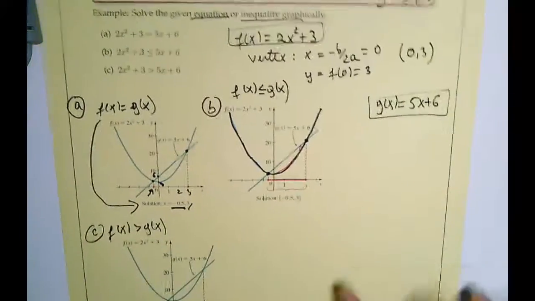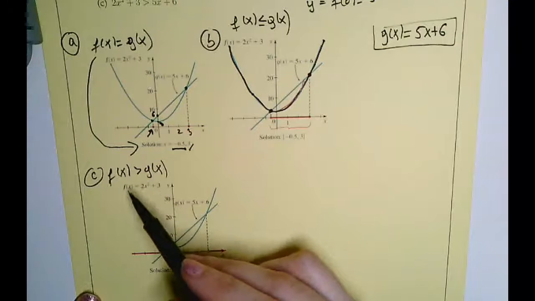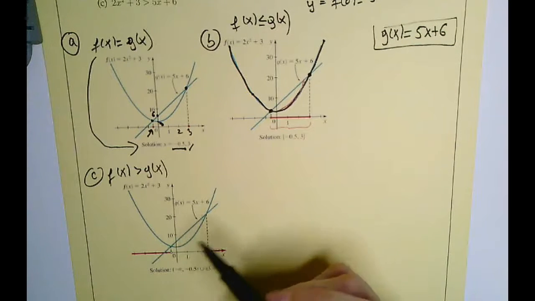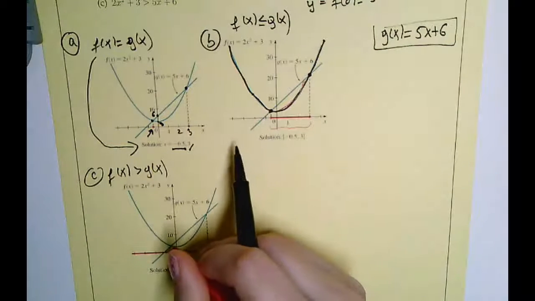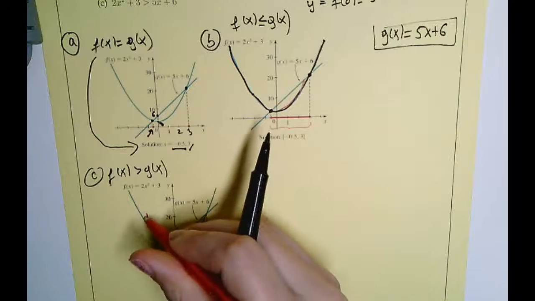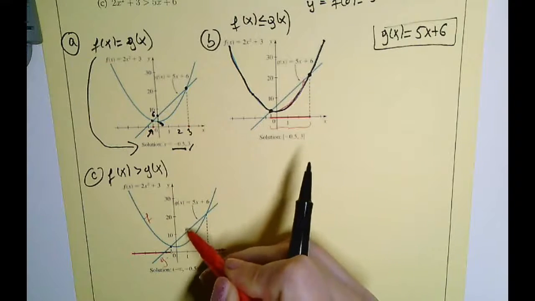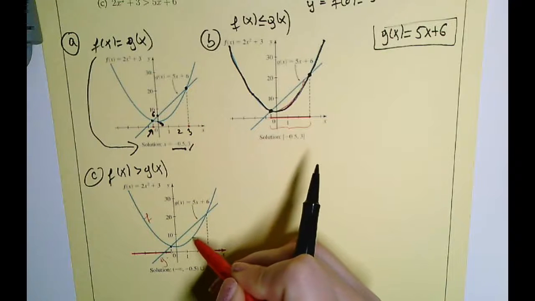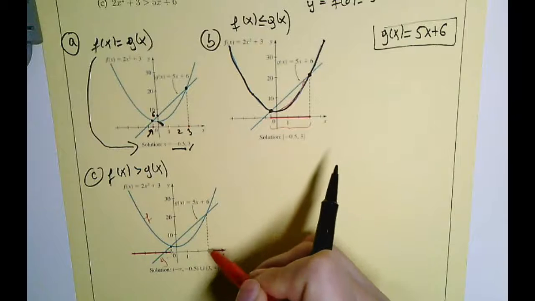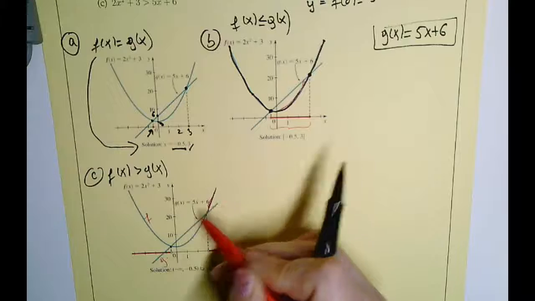Now, when I'm interested in f of x greater than g of x, I want to see where the graph of f is above the graph of g. If I look in here, this is f and this is g. The function f is above the graph of g. In between, the function f is below, so that's not going to be part of the answer. And then after 3, the function f again is above the function g.